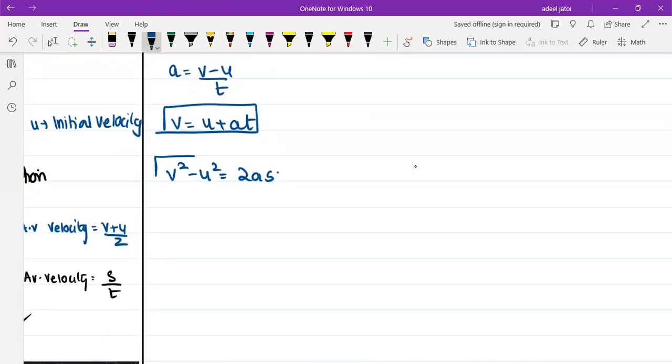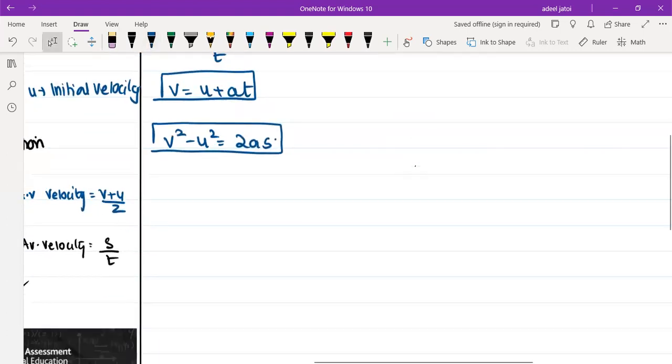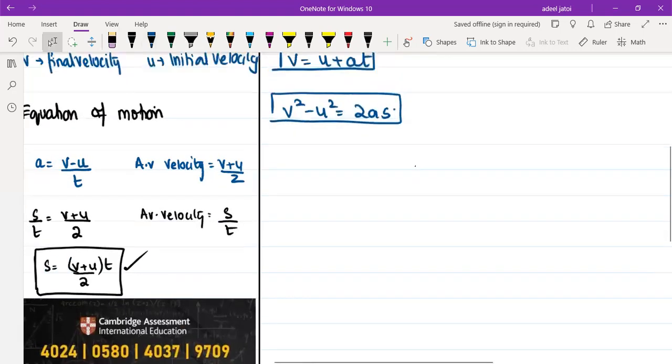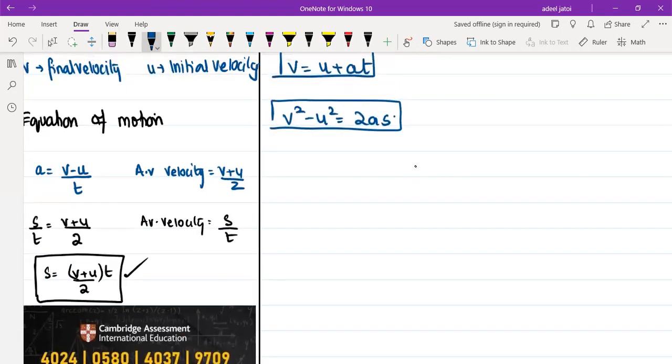So these are the few equations that you need to work on. Number one, s is equal to v plus u upon 2 multiplied by t. Then v is equal to u plus at, and v square minus u square is equal to 2as.